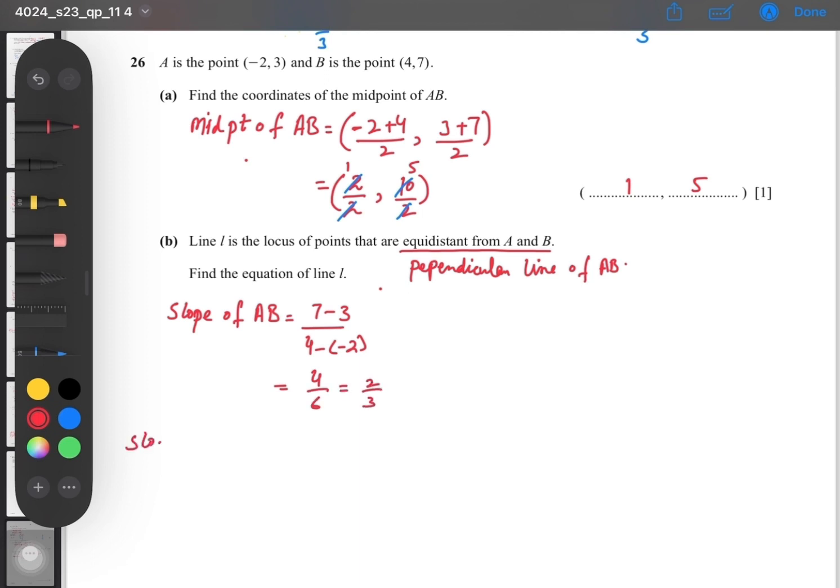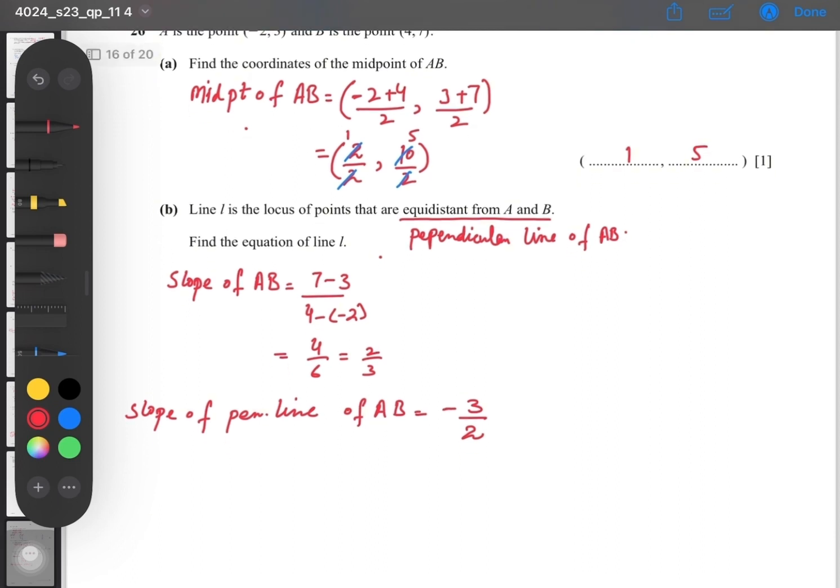So slope of perpendicular line of AB is negative reciprocal, so it will be minus 3 over 2.